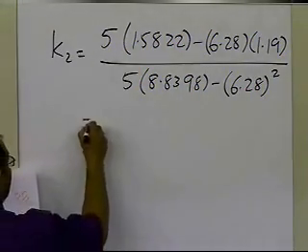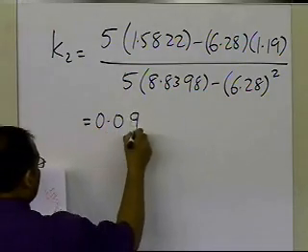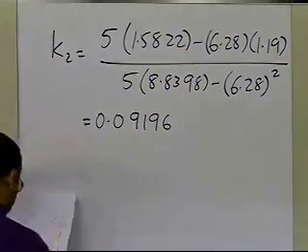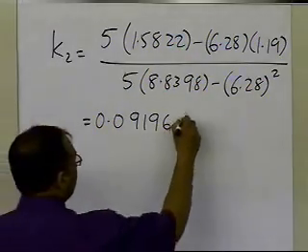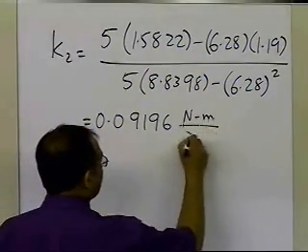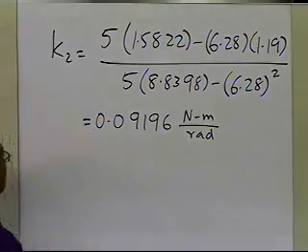And this value here turns out to be 0.09196. And the units of that will be Newton meter per radian. Those are the units of K2.